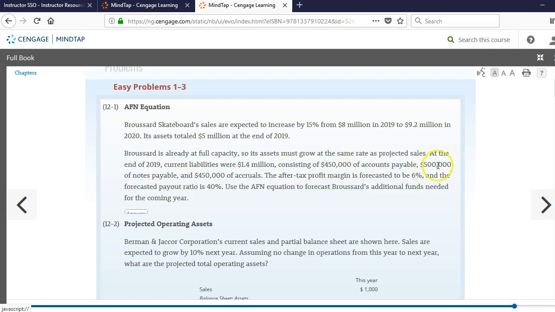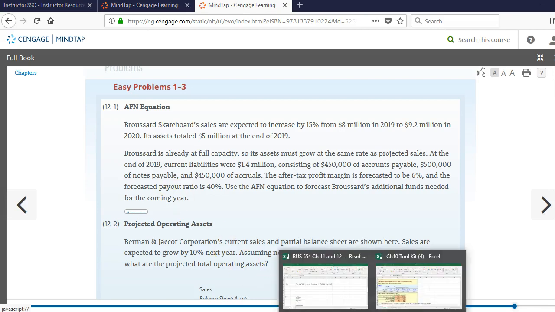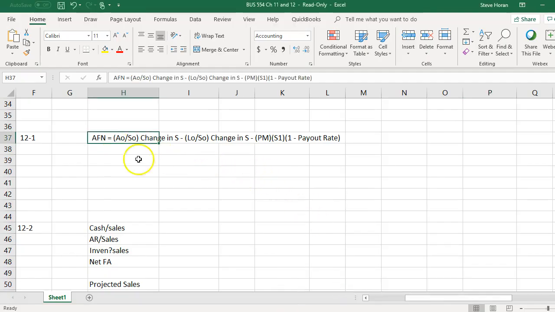So that 500,000 that's here, we're not going to include, because debt is not spontaneous. You have to sign a document and go to the bank to get approval before you can borrow money, such as a note payable. So let's go over to Excel, and I have right here the AFN formula.